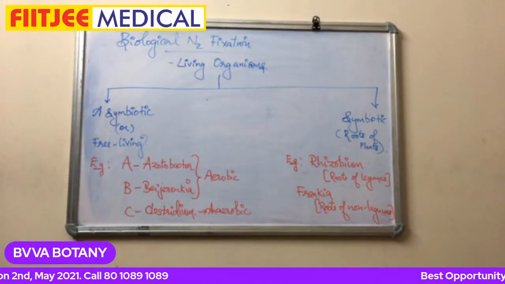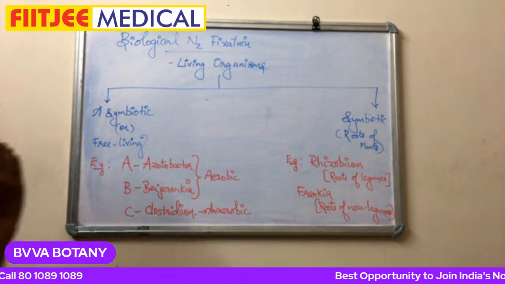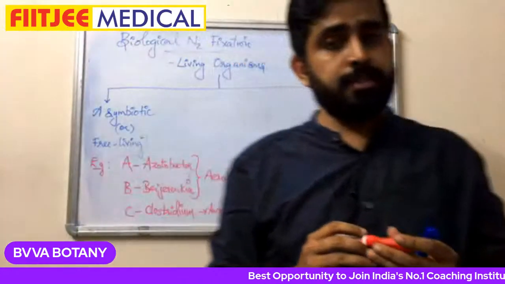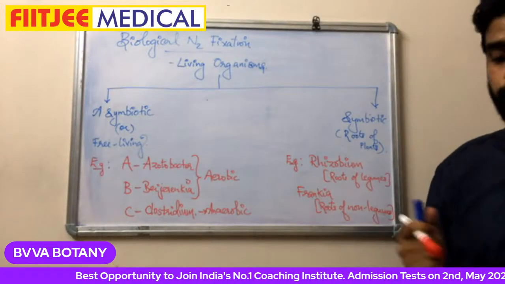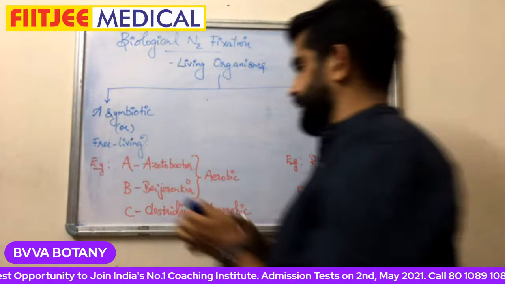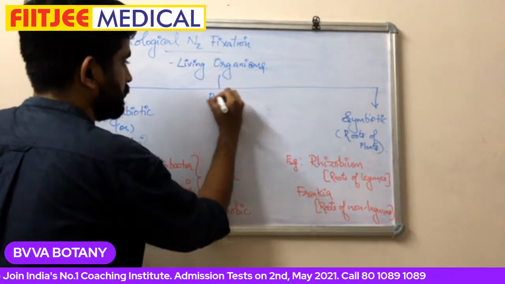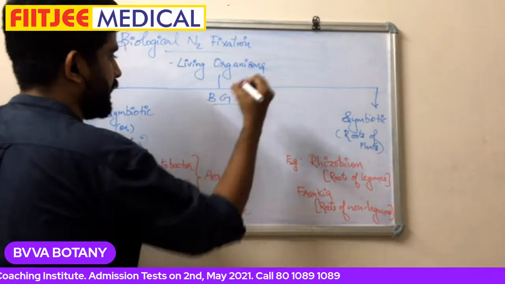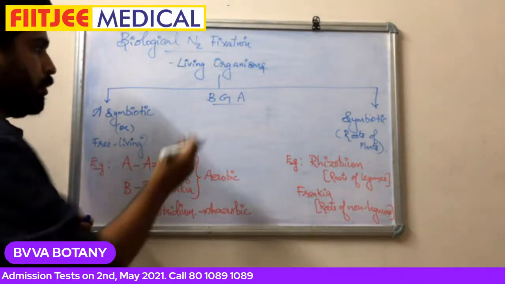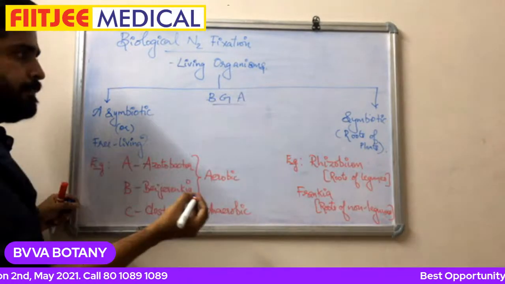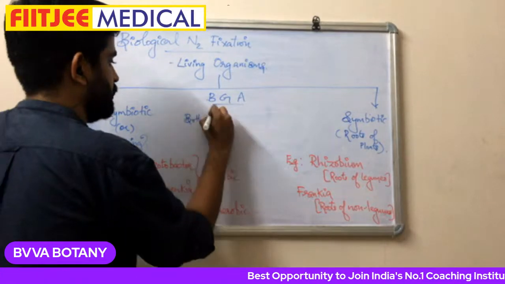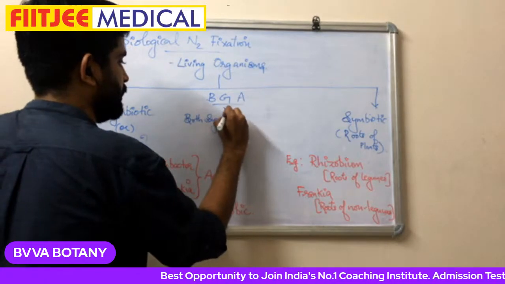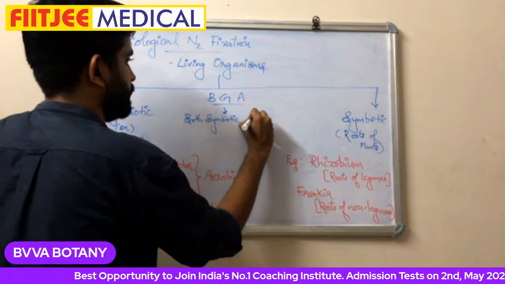Okay. Now, another group of organisms in biological classification, under kingdom Monera, is blue-green algae. Now, blue-green algae can be both symbiotic or free-living.